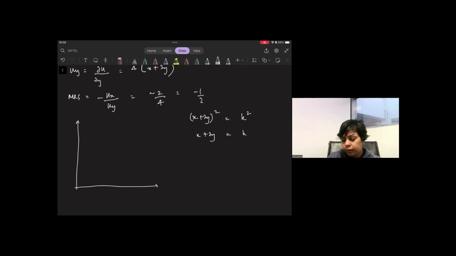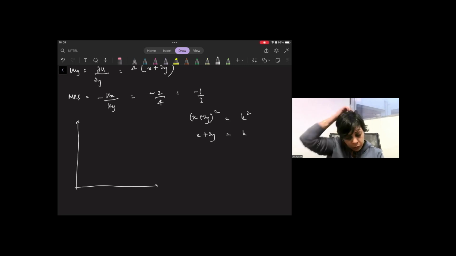So we can also rewrite this as x plus 2y equal to k, again taking all positive roots, because in the world of economics, we are basically dealing with only positive numbers. We're not dealing with any negative numbers, at least not at this level. So this is basically what kind of a curve? This is a very simple curve, right?